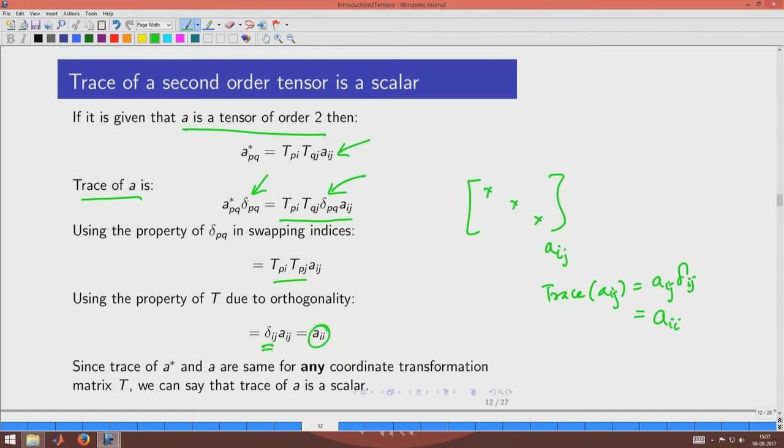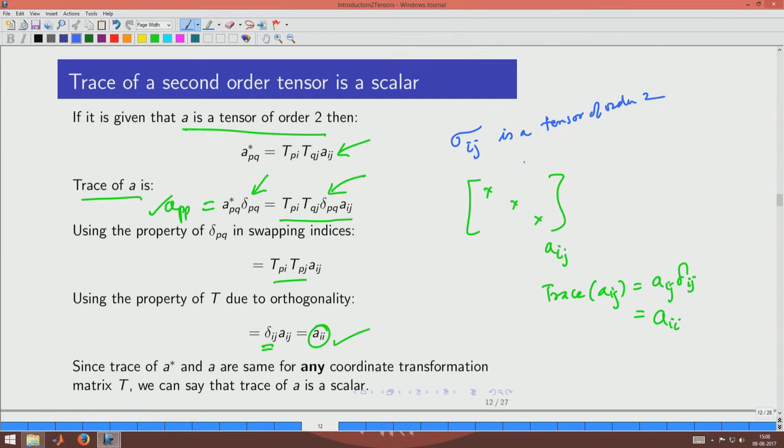So, on the right hand side, we see that it is the same quantity A and all the diagonal elements are being summed up. Please see that this expression does not have any transformation matrix elements sitting in it. So, this is free from any effects due to coordinate system rotations, which means it is a scalar. Okay. Now, this has some connotation. What it implies is that we already know that stress is a tensor of order 2.